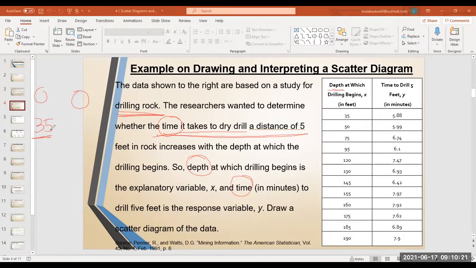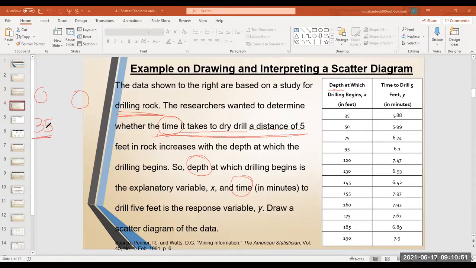So the more height or rock you are drilling, the more time it will take, because the time is dependent on the height. So if you decide to do 35, then now you have to start putting in your time, and tell how many minutes you used for the 35. So the time is dependent on the height.